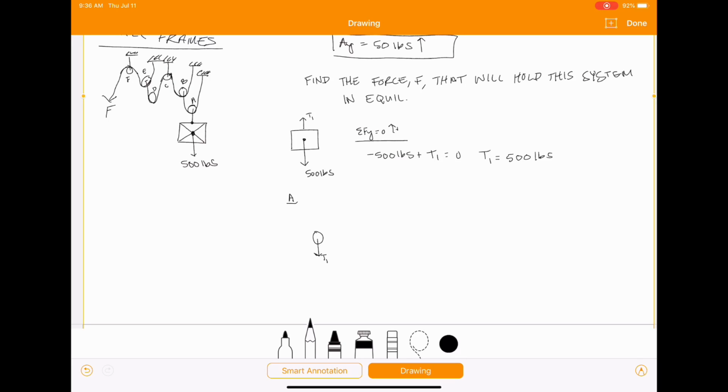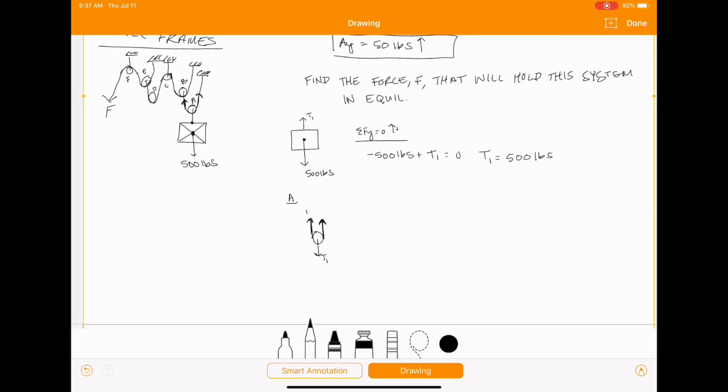And then we have other pulley ropes pulling up on this pulley. Now, one thing to remember about pulleys is that the tension force on one side of the pulley is going to be equal on the other side of the pulley. So we know that this force is going to equal this force.